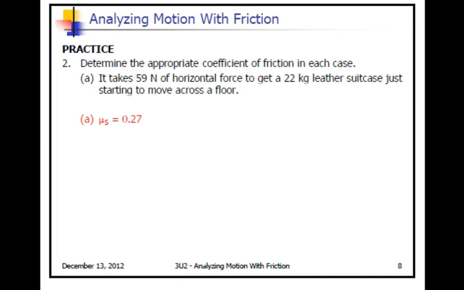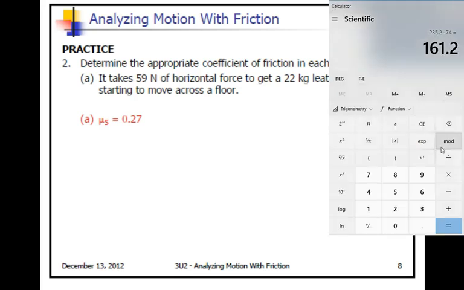So here's a problem. It says it takes 58 newtons of horizontal force to get a 22 kilogram leather suitcase just starting to move across the floor. So what is our coefficient of static friction? Well, if it takes 59 newtons to get something that weighs 22 kilograms, we'd have to multiply 22 by 9.8.